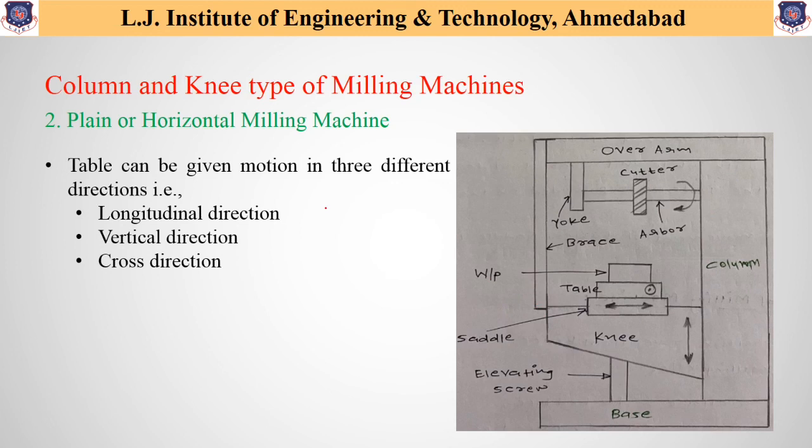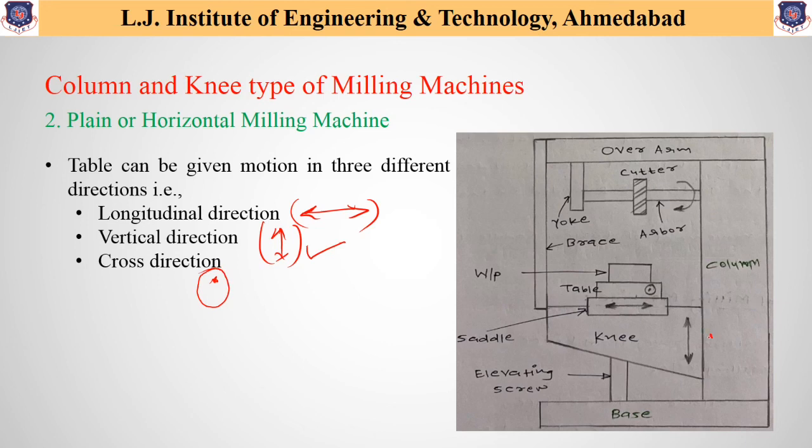As one can see in the figure, the longitudinal direction is indicated by this sign, the vertical direction by a vertical sign with two arrows, and the cross direction, or perpendicular direction to the plane, is indicated by a circle having a center.